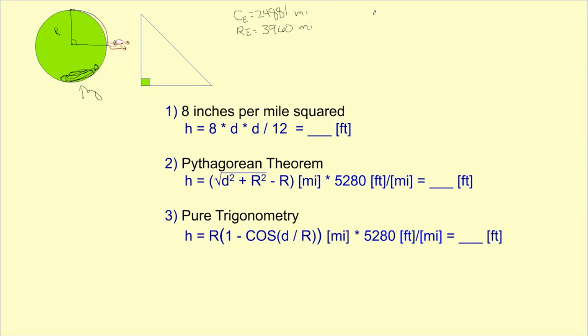Oh, just a little side note, remember when we talked about the arc length equals the radius times theta, and we came up to 24881 equals radius times 2 pi, and we got a decimal. It wasn't exactly 24881.